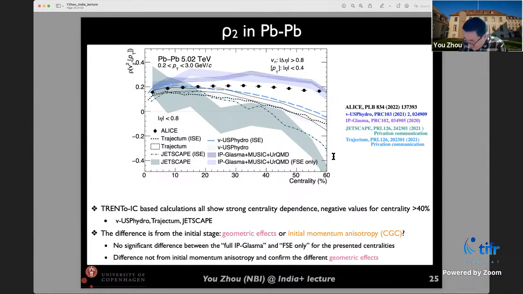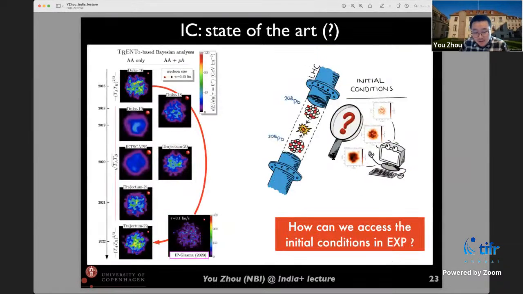Right now, when we do Bayesian analysis, because of the computing power, we can only include very limited observables, and we have to select very carefully what we include. Because if you include, let's say, only vn and pT, it's just not sufficient to constrain the model.